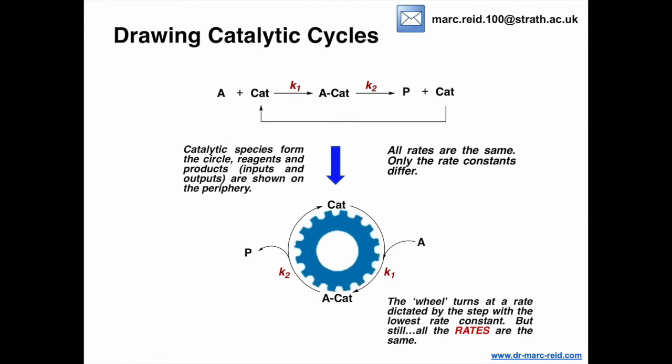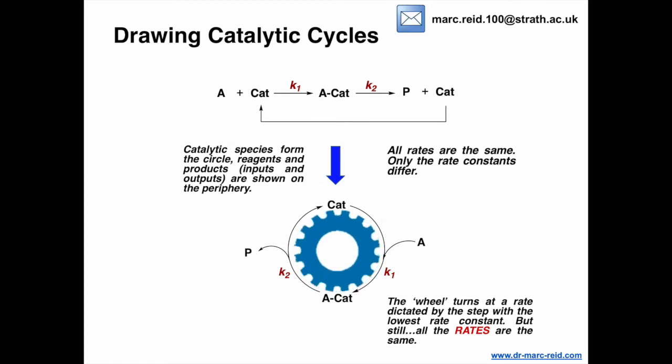You can think of it like a turning wheel. All parts of the wheel have to turn at an equal rate. We can't have one part of the wheel turning at a rate faster than another. Because it's a cycle, all parts of the wheel turn at the same rate.